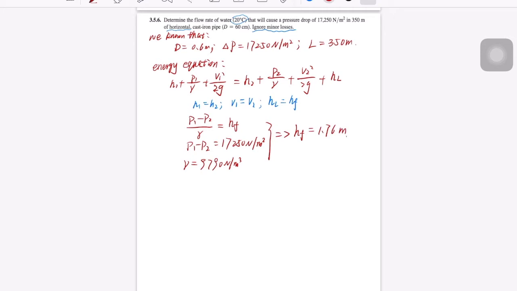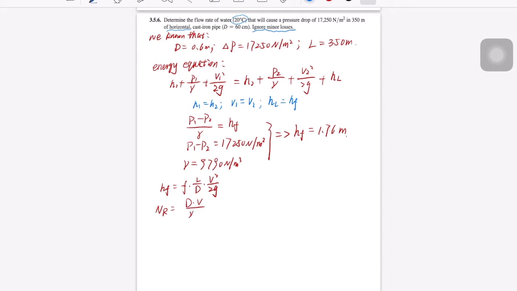And then we also know the friction head loss also equals F times L divided by D times V squared by 2G. And the Reynolds number equals D times V divided by the kinematic viscosity of the water.